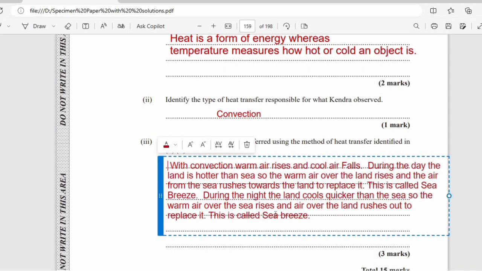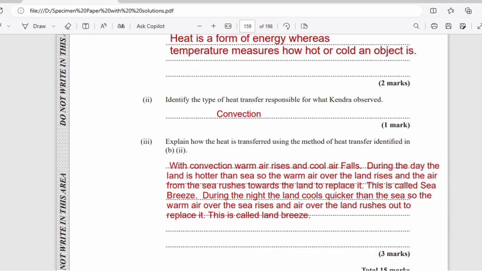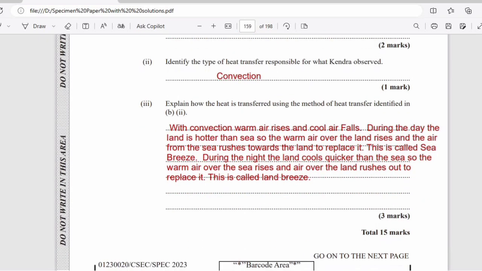So guys, please make sure you know what you are doing when it comes to the different types of breeze, because it's something that they always look at when we're looking at heat transfer: conduction, convection, and radiation. I know it's a topic that sometimes we skip over, but ladies and gentlemen, you still need to know land and sea breeze, how they are formed.